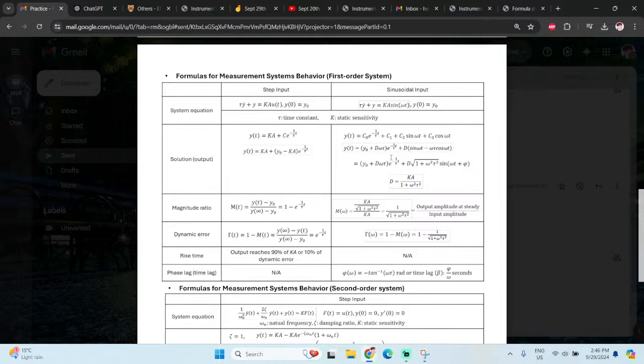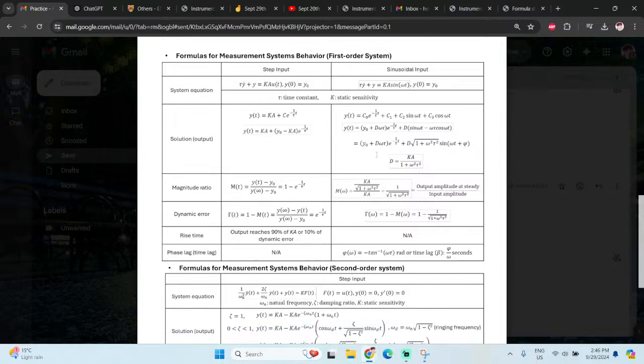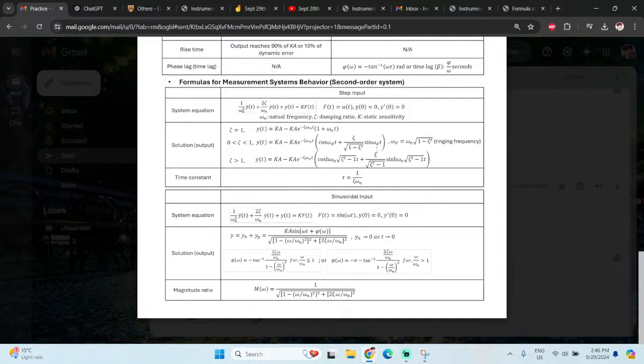Why is this dynamic error? y(t), m(t), tau, t.